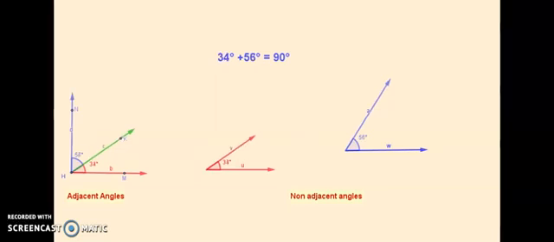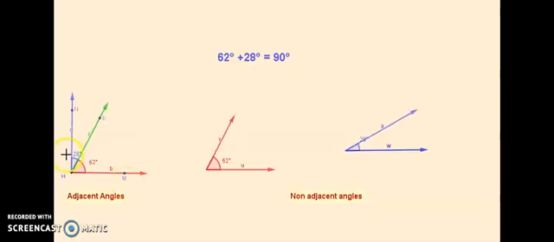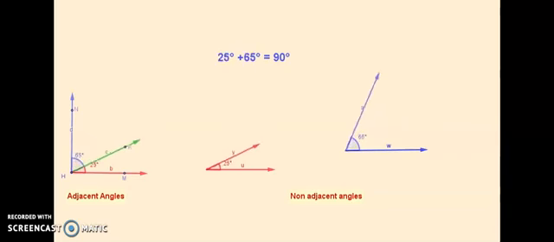Now let us observe. Just try to change the values and see what's happening, children. If the first angle is 58 degrees or 62 degrees, the second angle is 28 and the sum is 90 again. Even here for non-adjacent angles, 62 plus 28 is 90 degrees. Let us change, I'm just changing the values. What is the sum of these two angles, in both the cases, adjacent angles as well as non-adjacent angles?